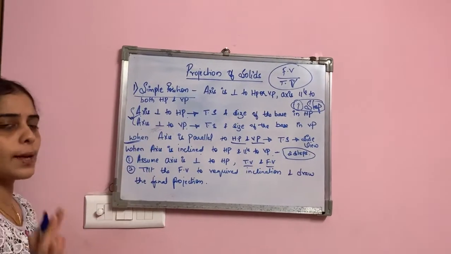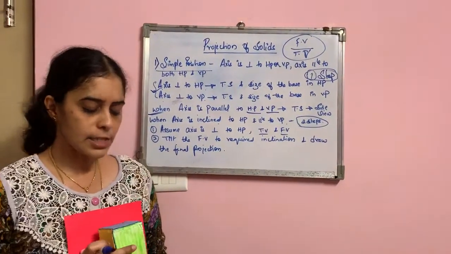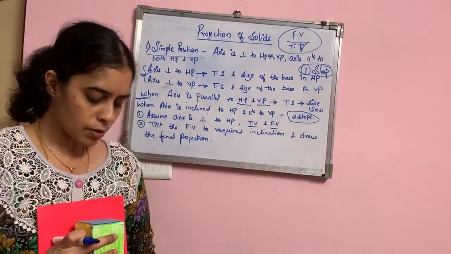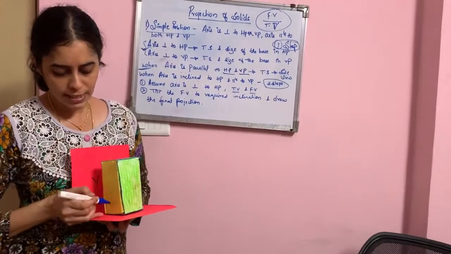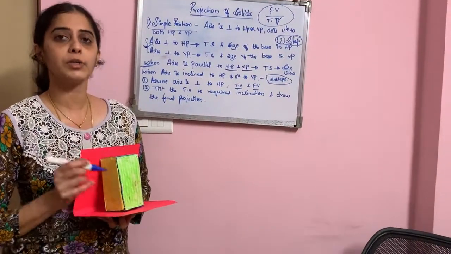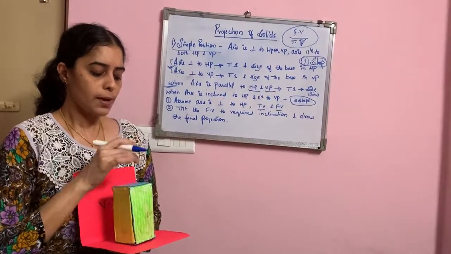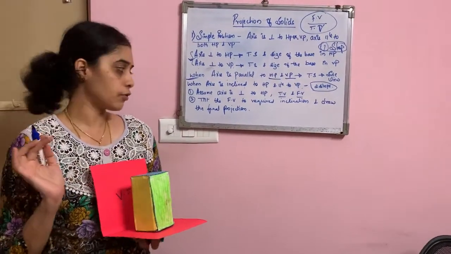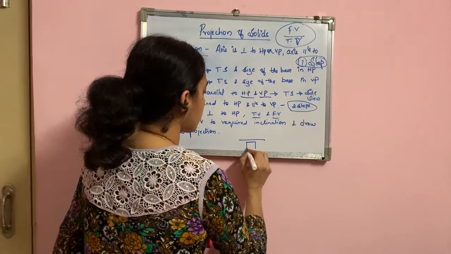If you are speaking about the square prism, and we assume that the axis is perpendicular to HP, you have to place the given solid in such a way that the axis is exactly perpendicular to our HP plane. When we view from the top, we will see the true shape of the solid surface, and hence the top view will provide the true shape of the surface.